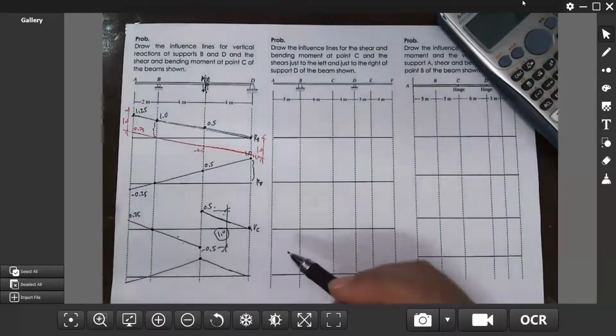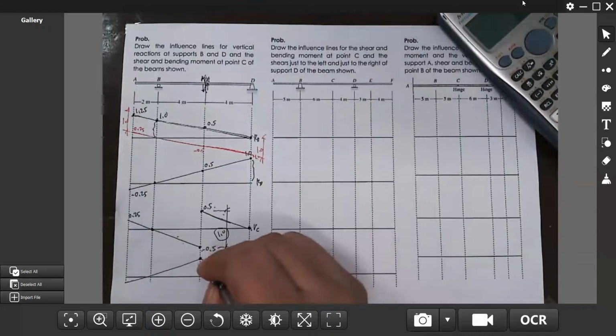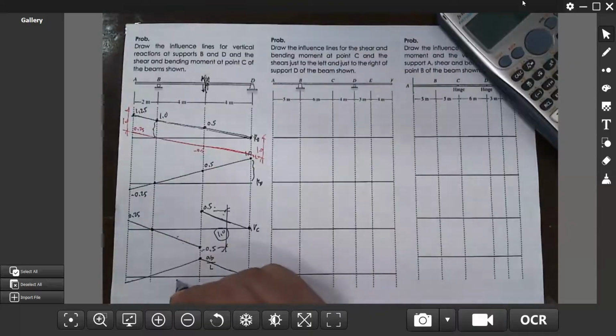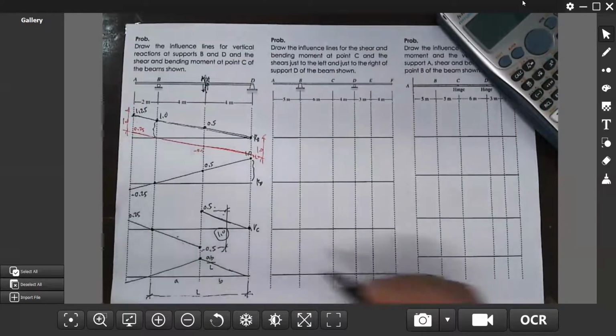Ang value ani, mao to AB over L, no? Bali A ni siya, tapos B ni, and then L na siya.